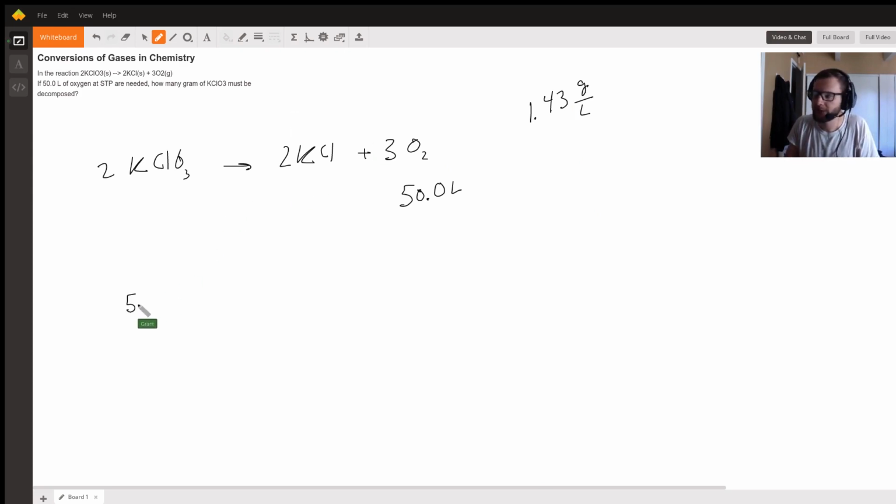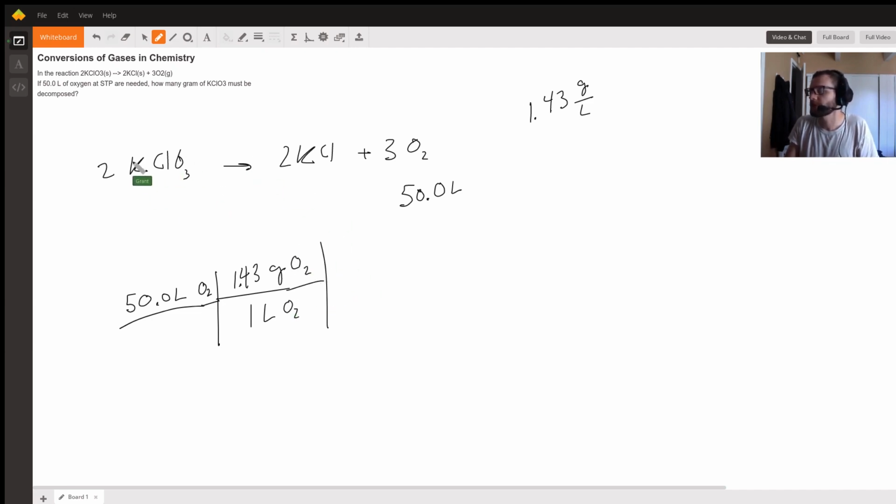So if we have 50 liters of oxygen, O2, and we'll go ahead and say for every 1.43 grams for every 1 liter, 1 liter of O2 will give us grams. And now we have to convert things into moles using our stoichiometric equation and our stoichiometric coefficients.